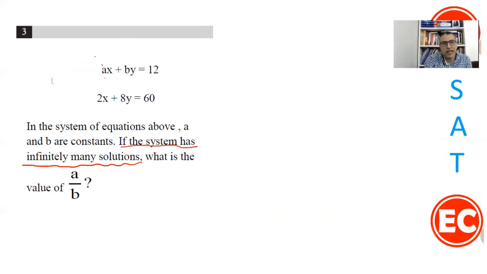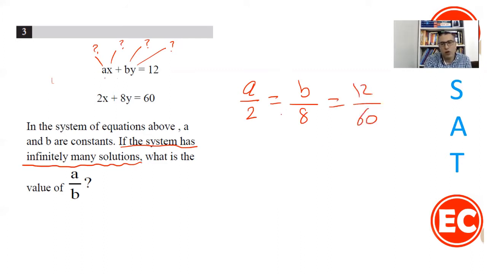As we notice, A is unknown, X is unknown, B is unknown, Y is unknown. So you have four unknowns in the equation. Of course, you can't solve for them, and you don't have an intersection point. So you are going to use the ratio. The ratio between A and 2 is the same as the ratio between B and 8, which is the same as the ratio between 12 and 60. Why are all of them equal in ratio? Because there are infinitely many solutions.